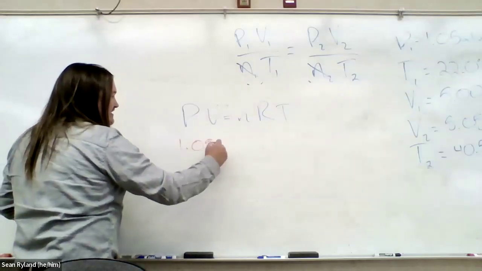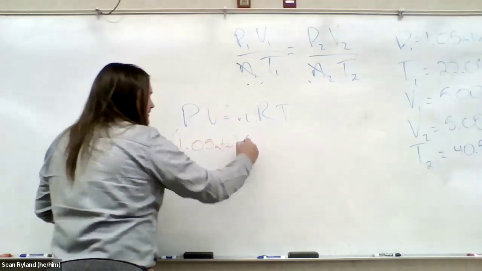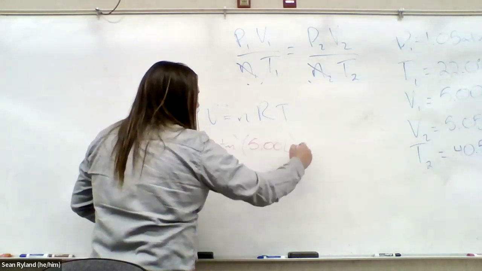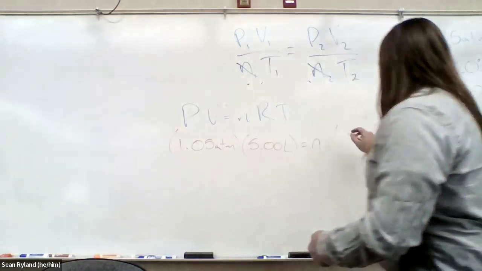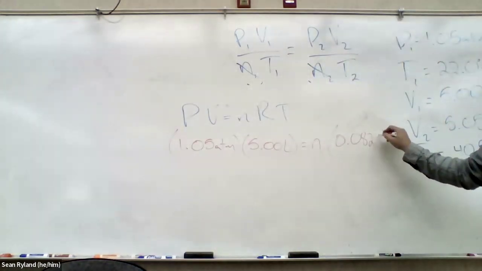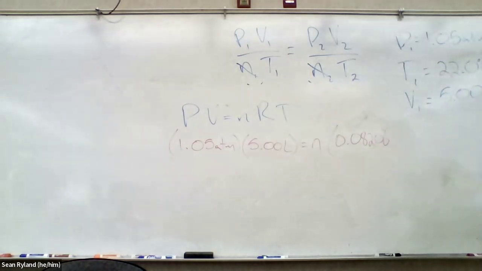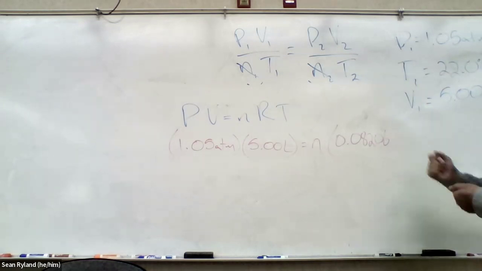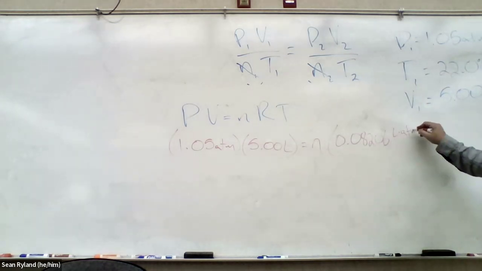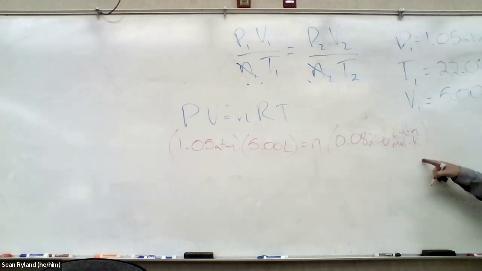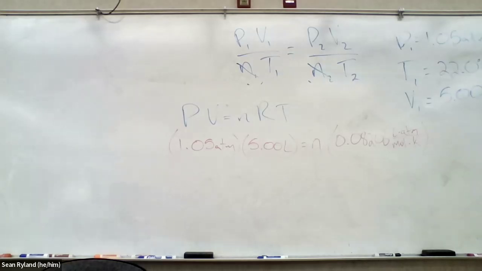So 1.05 atm, 5.00 liters equals moles times 0.08206, which again, you don't have to have memorized because it's on your conversion sheet. Double check your units though: liters, atmospheres, moles times Kelvin. That all matches up, right? If I did something mean like give you your pressure in PSI, then you just have to do a conversion on your pressure to figure out what it is in atmospheres.